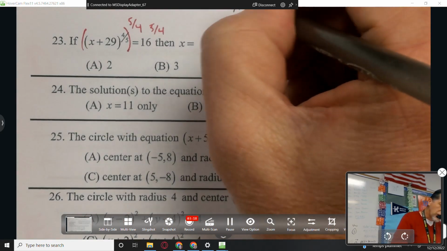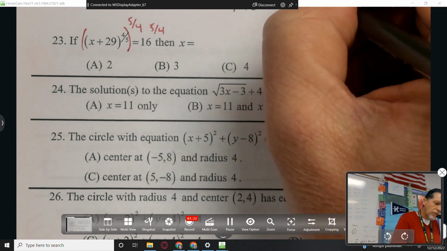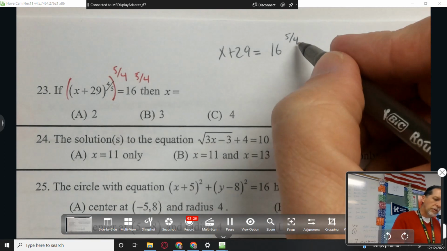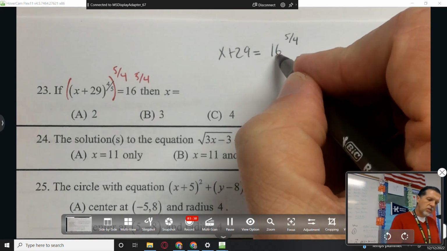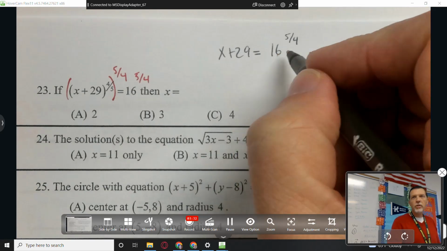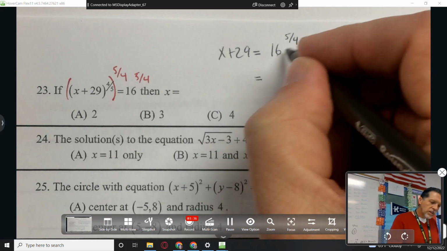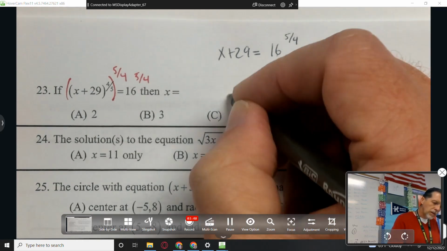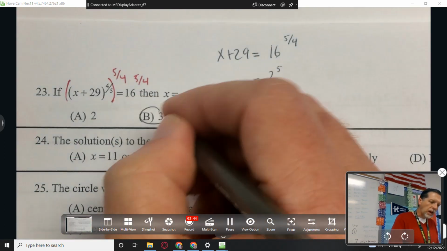So x plus 29 equals 16 to the 5/4. Okay, we were just doing this. The fourth root of 16 is 2. You're going to know the powers of 2 and 3 and 4 before this is all over. 2 to the 5th is 32. So x must be 3.